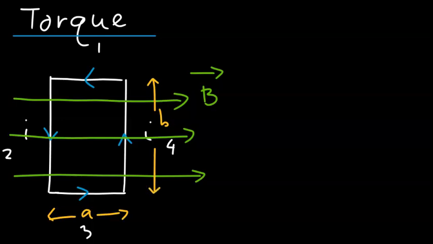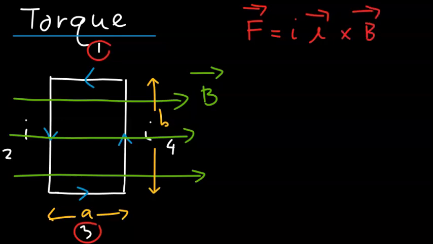Because there is current, and the current is placed in a magnetic field, there should be forces acting on these currents. Let's examine side 1 and side 3 first. We know from our previous video the magnetic force on a current carrying conductor is given by the expression I L cross B, where L is the length vector. For side 1, the length vector is going to the left.